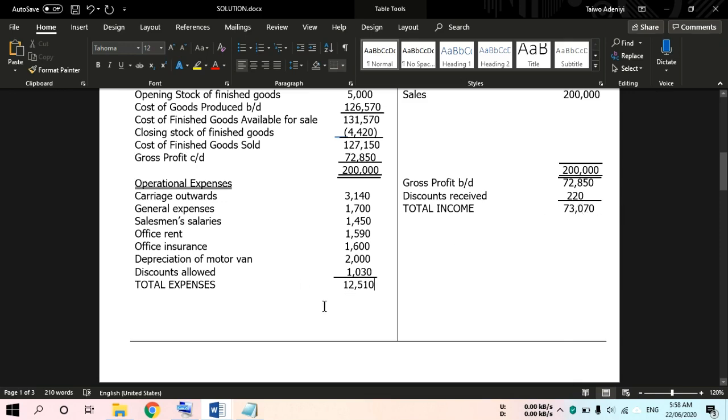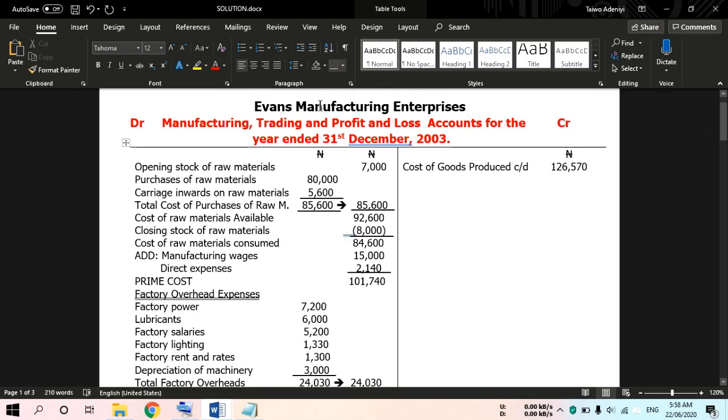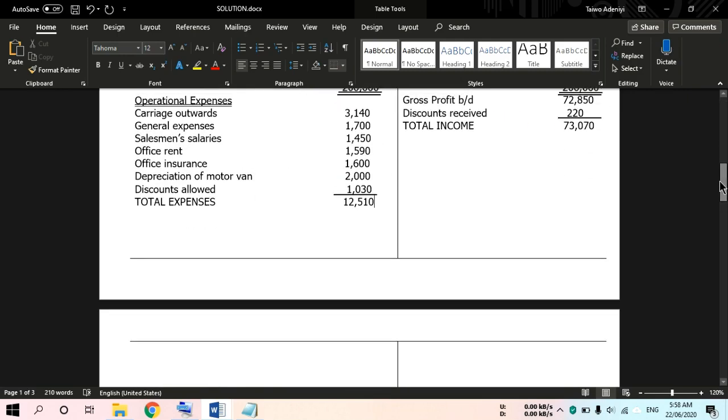Now, if you compare these total expenses and the total income together, you see that the total income is greater than the total expenses, and that will fetch Evans Manufacturing Enterprises a net profit. So we'll get net profit here. Get the difference, 73,070 minus 12,510.